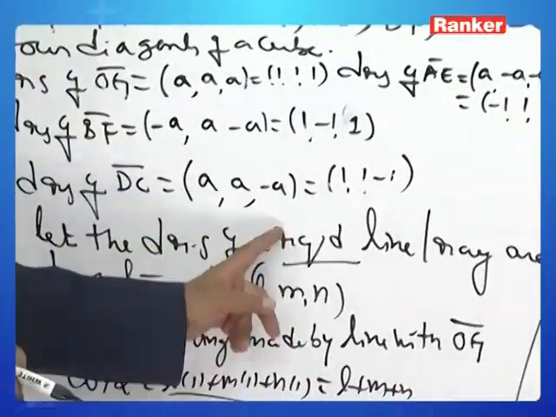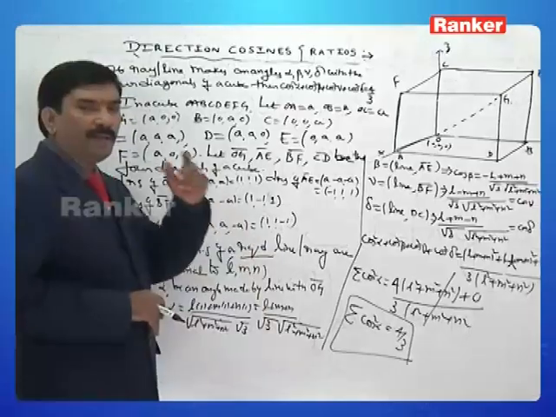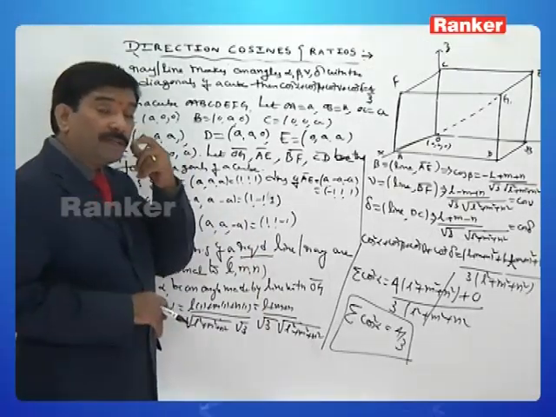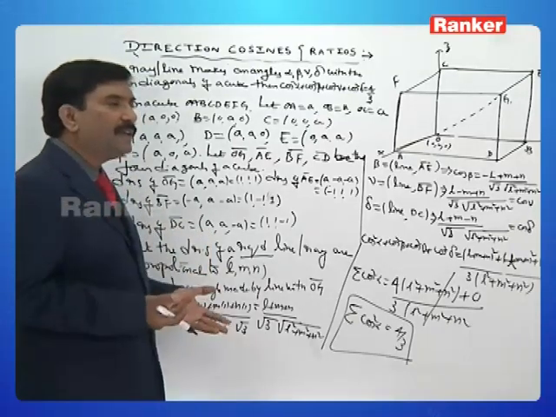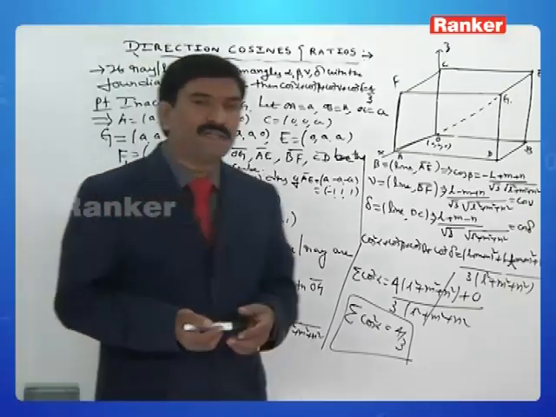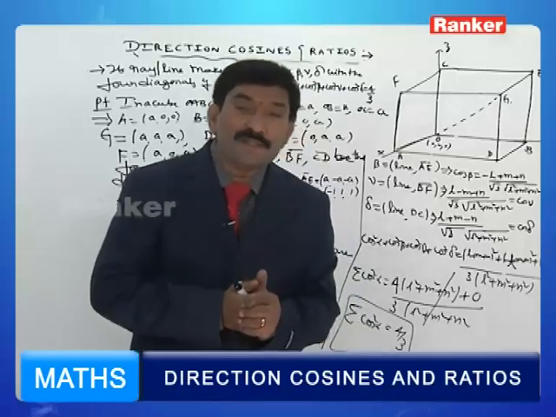Let the DRs of the required line be proportional to l, m, n. We have taken DRs, not DCs, because when any 3 real numbers are said to be direction ratios, they must be proportional to the direction cosines. That is a concept.